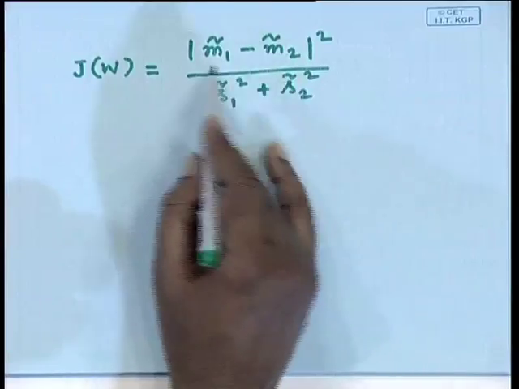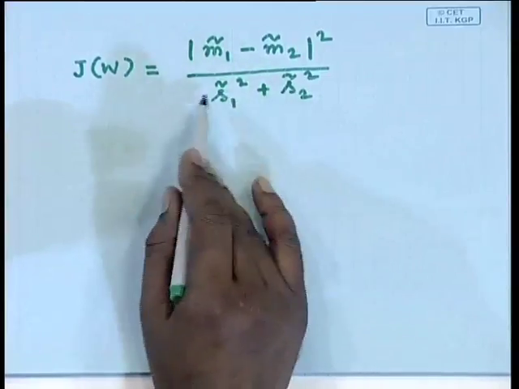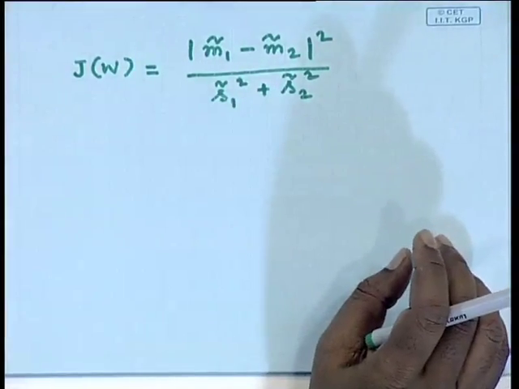If it is compact, then inter class scatter I need not have very large value to give the separation between two classes, right. Whereas, if this intra class scatter is large, that means the data are distributed sparsely or widely within every class.